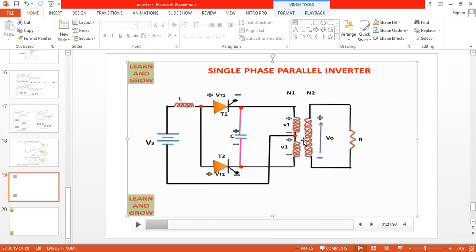So here we go for the center tapped transformer for maximum energy transfer from one circuit to another circuit. Where inductors cannot work with high efficiency and high power transfer, we go for the center tapped transformer. So the first electrical component of the parallel inverter is the center tapped transformer.